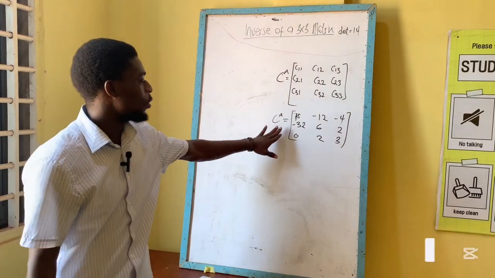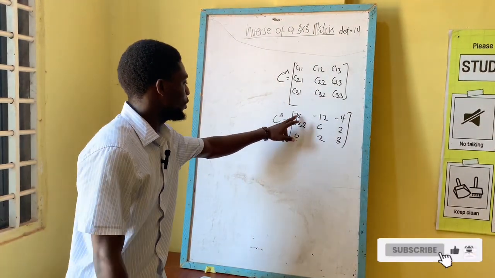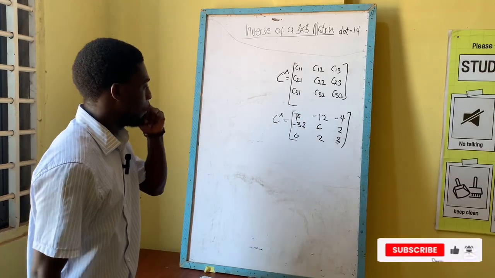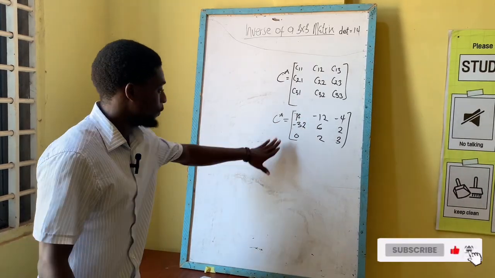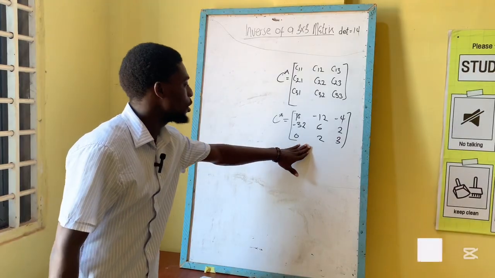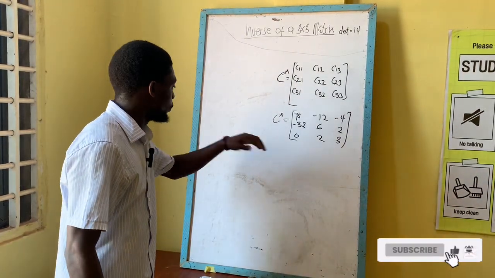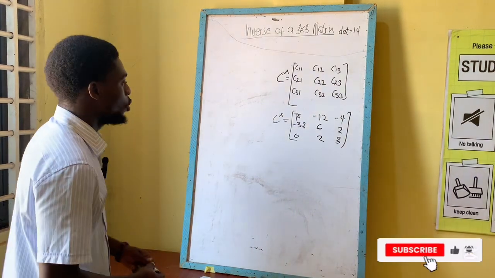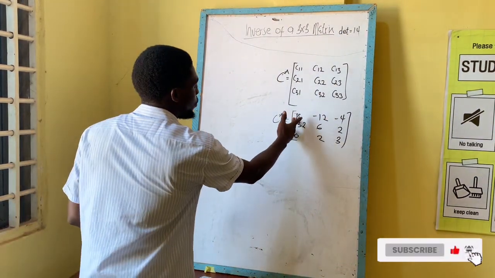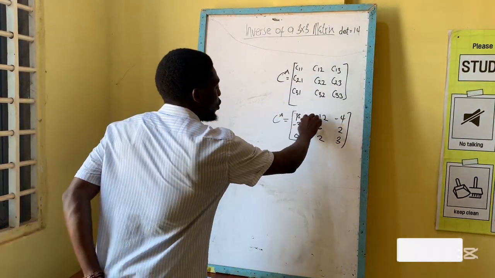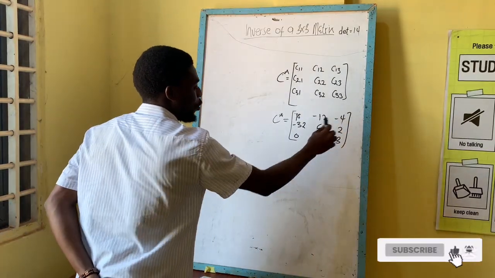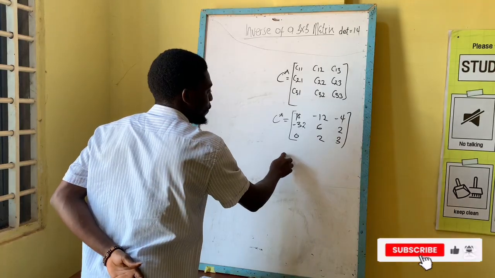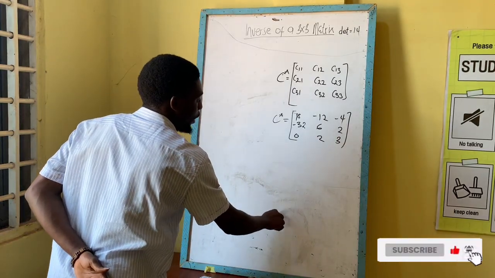Now that we know our cofactor, which has been represented here, the step says that after finding your cofactor, you now transpose the cofactors to find your adjunct or adjoint. The transpose is basically writing all the rows as columns and all the columns as rows. So if you write this row as column, we are going to have 78, minus 12, and minus 4.